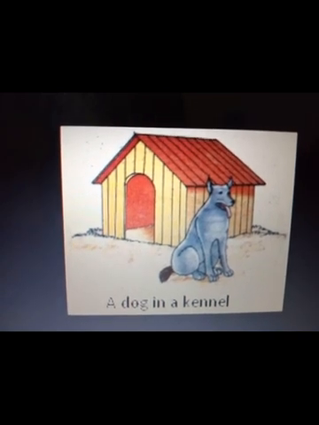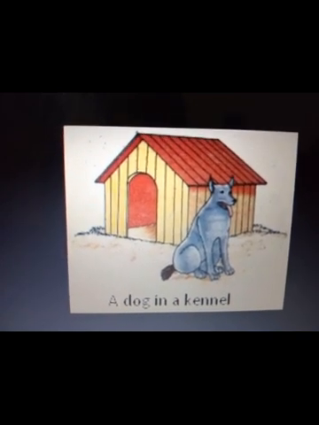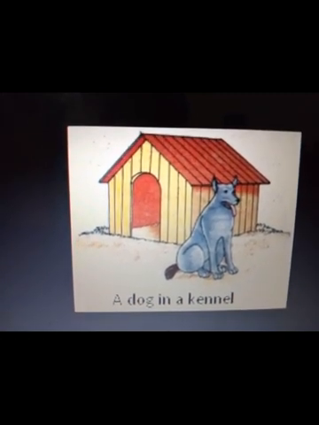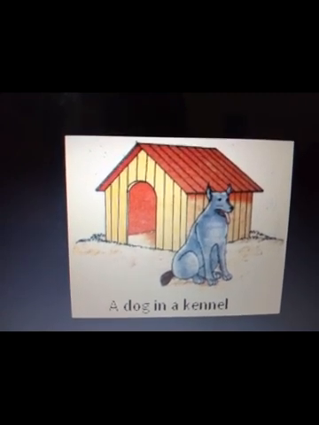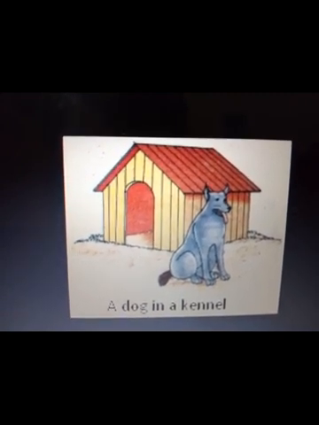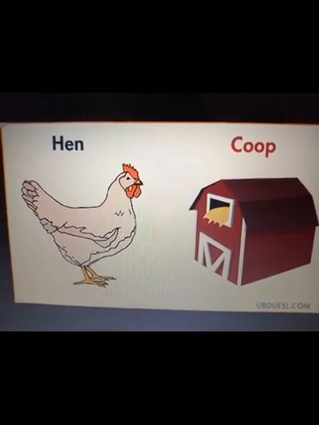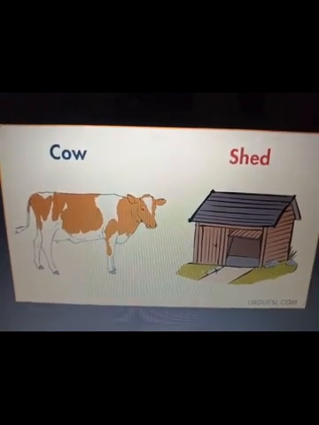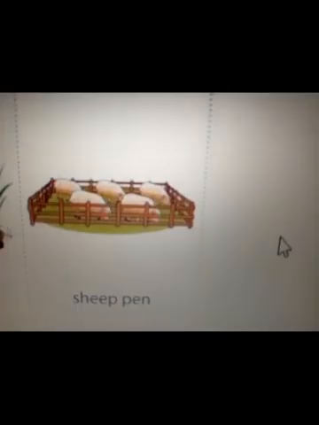So I have explained four shelters built by human beings. We human beings made these shelters for these animals. So first is kennel. A dog lives in a kennel. Hen lives in a coop. Cows and buffaloes live in a shed.